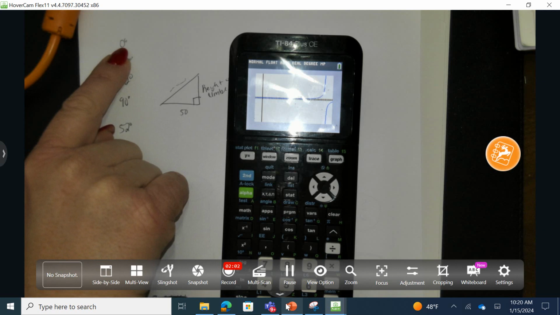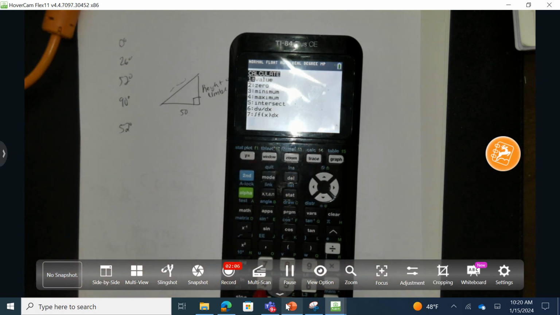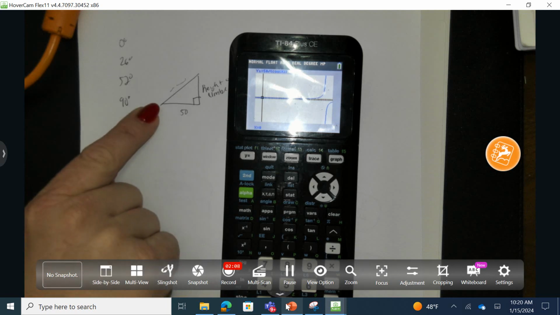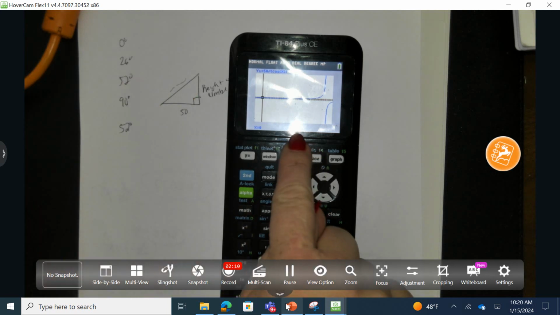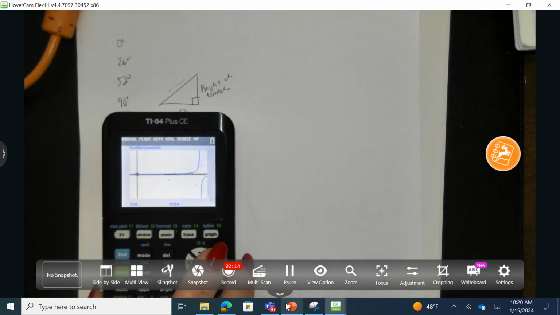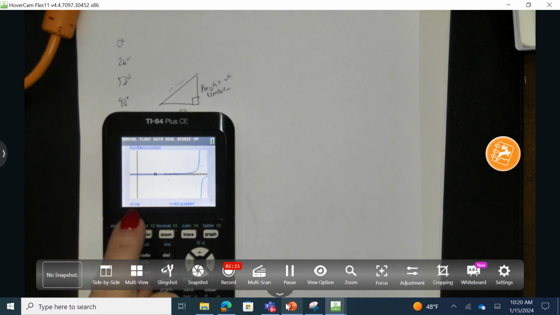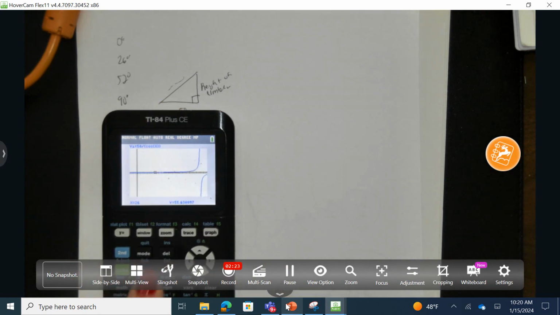Okay, when this angle is 0 degrees, second trace value, the distance from the camera to the climber is 50. I believe it was in terms of feet. I'll check when I'm done, but I believe it was in terms of feet. Second trace value, let's check when it is at an angle of 26 degrees.